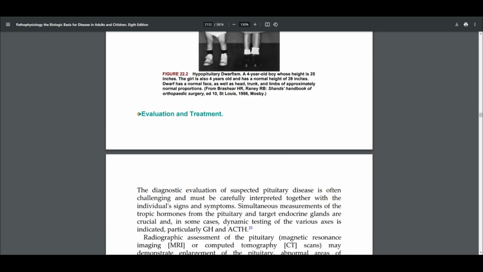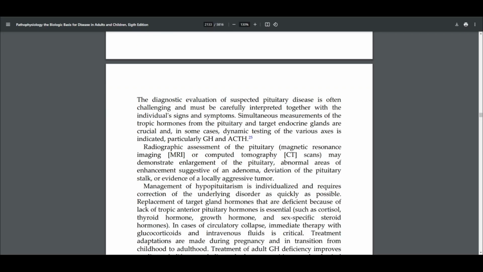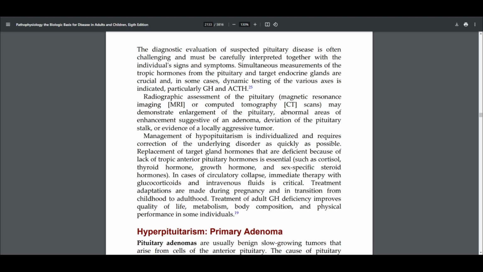The diagnostic evaluation of suspected pituitary disease is often challenging and must be carefully interpreted together with the individual's signs and symptoms. Simultaneous measurements of the tropic hormones from the pituitary and target endocrine glands are crucial, and in some cases, dynamic testing of the various axes is indicated, particularly growth hormone and ACTH.